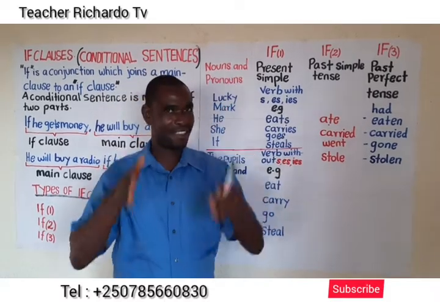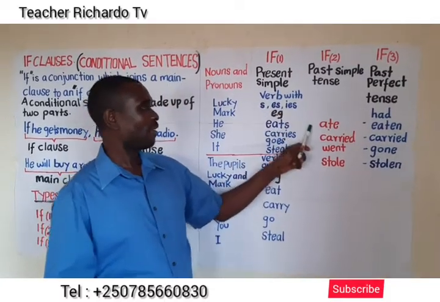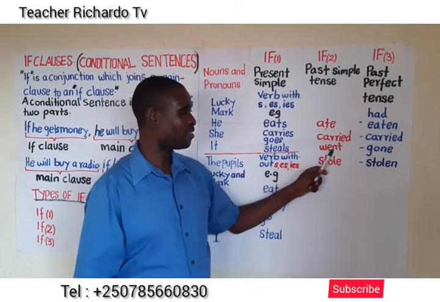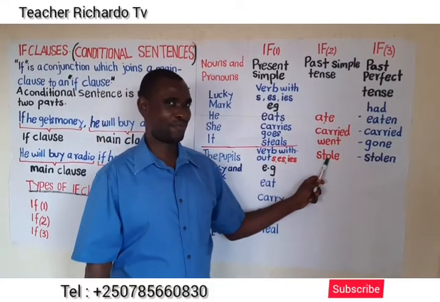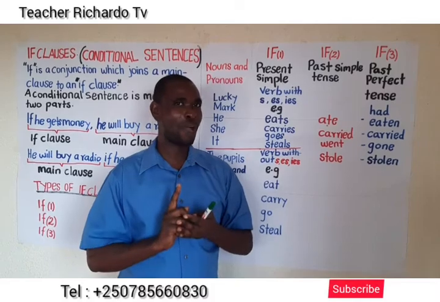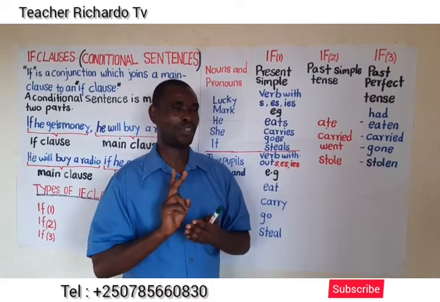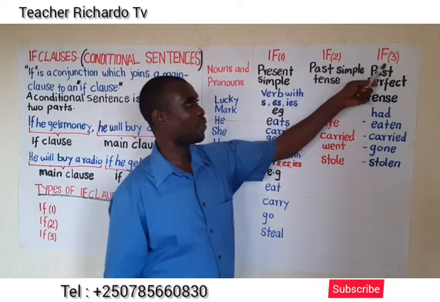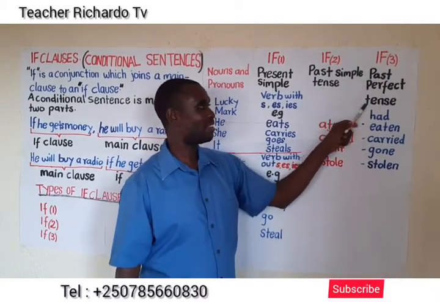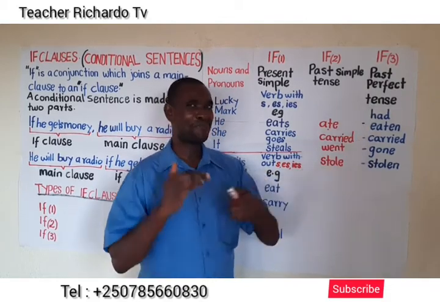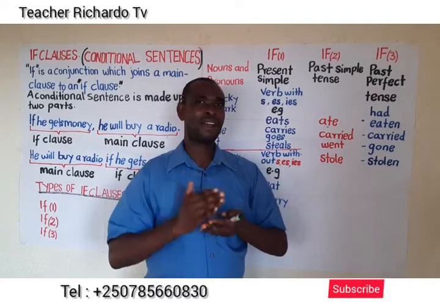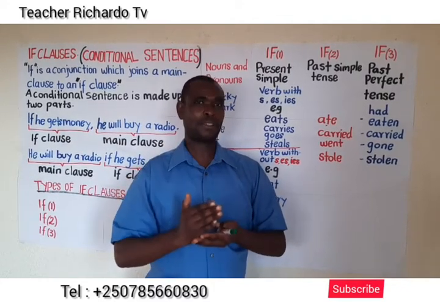When we go to if 2, we shall find that we are using past simple tense. You remember the other column: ate, carried, went, stop. You mark the difference between if 1 and if 2. When we go to if 3, we shall use past perfect tense, the other verbs which we said are participles.